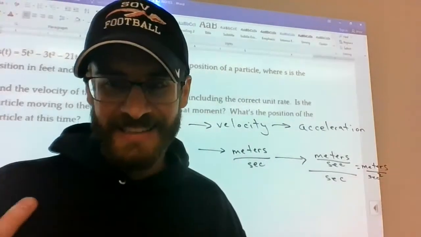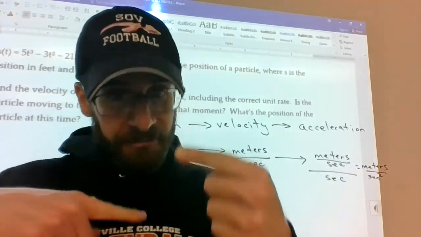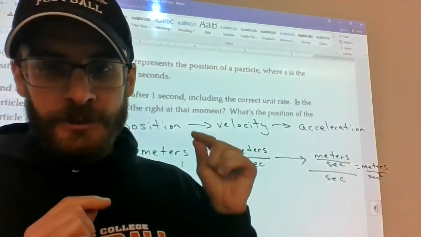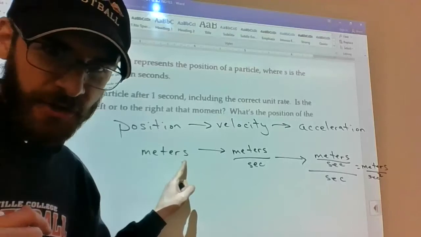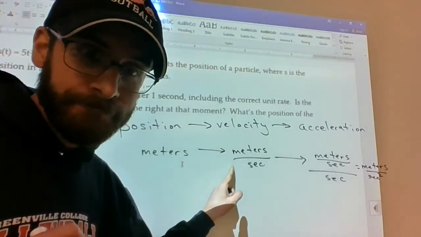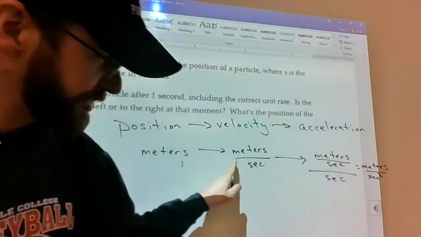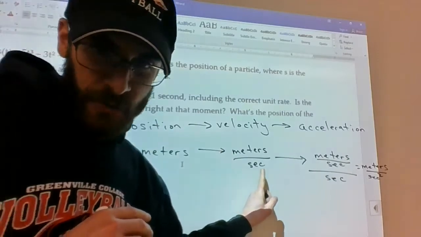It's like when I take a fraction divided by a whole number, the whole number flips and you multiply, so there's a second on the bottom. It's a rate of change, slope: change in y over change in x. Y would be meters, x would be seconds.